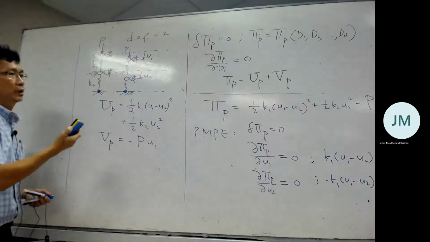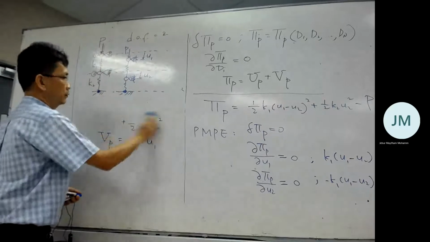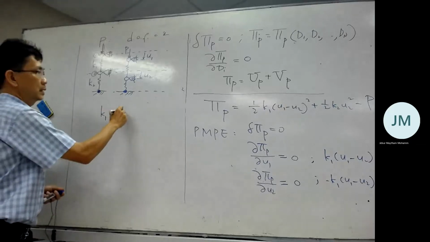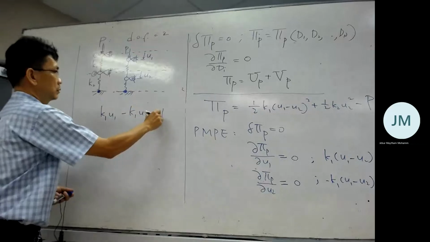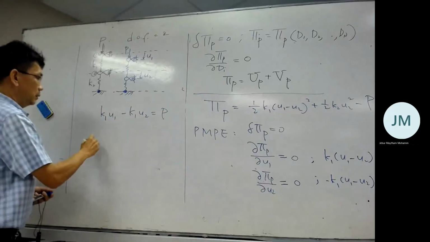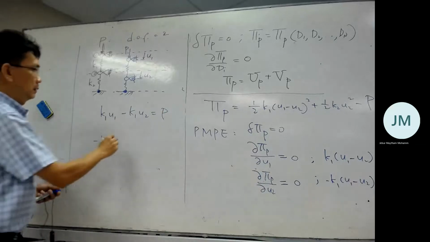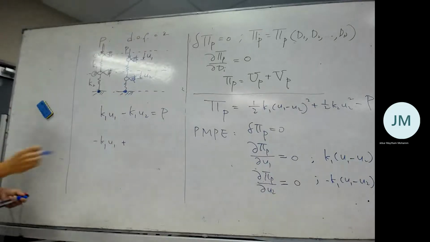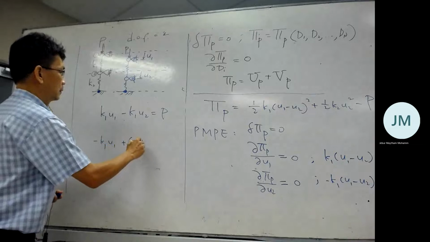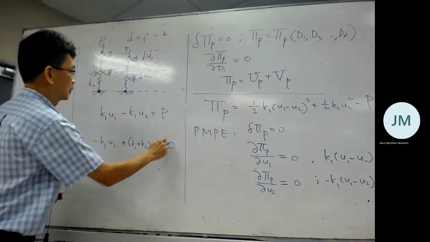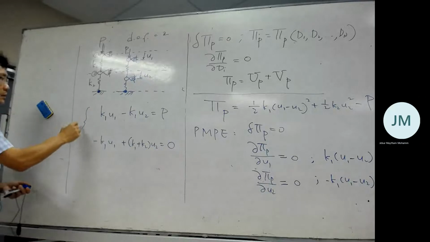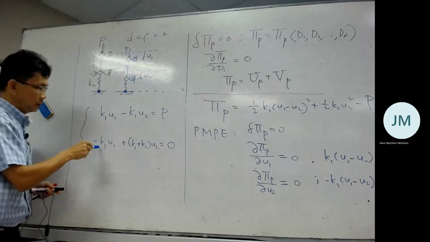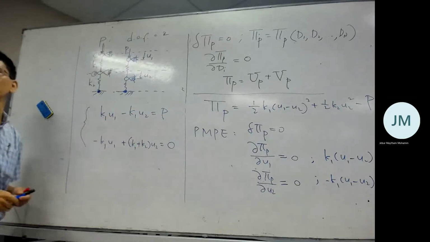With that, you can solve for U1 and U2. From the first equation, you have K1 U1 minus K1 U2 equal to P. And the second one, you have minus K1 U1 plus (K1 plus K2) U2. These two equations we solve together. This one we know, this one is given, so we can solve this.